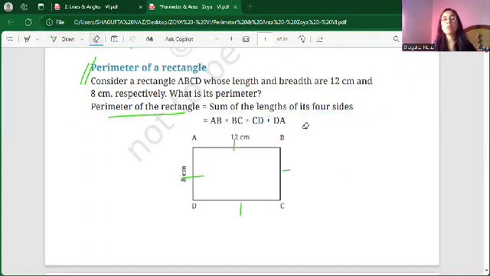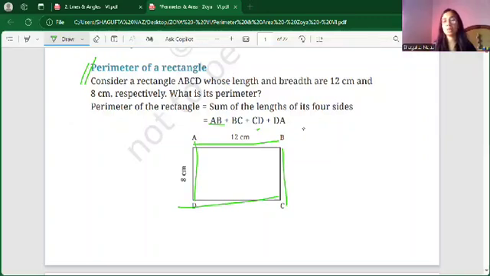How will we find that length? We have names of the vertices. So first of all, the length of side AB will be noted down, then side BC, then CD, and side DA.